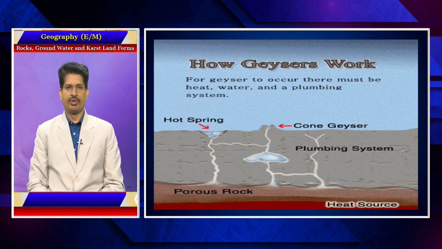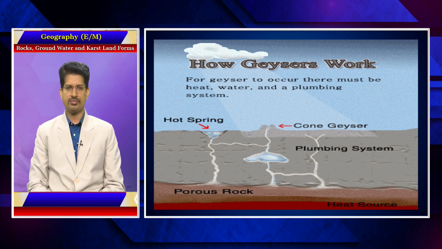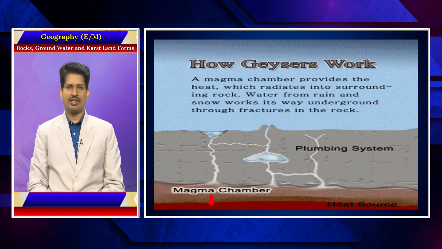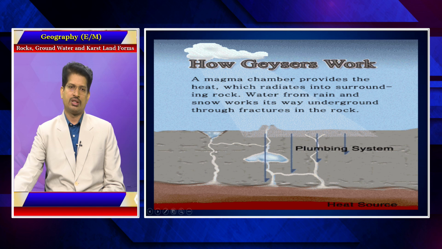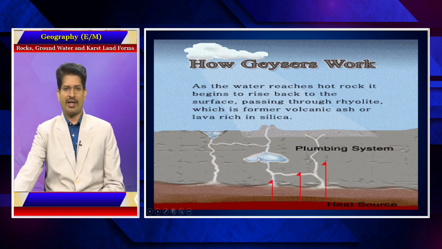Now, to differentiate between a geyser and a hot spring. So what is the reason for differentiating a geyser and a hot spring? In the picture being projected to you, you can observe the variation in the diagrams. For example, this is an example of a geyser and this is an example of a hot spring.